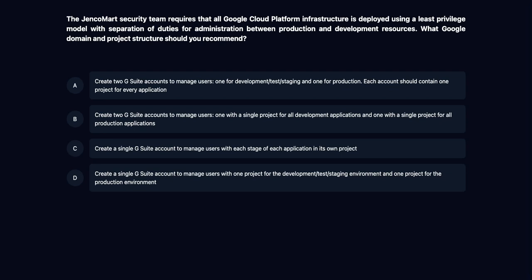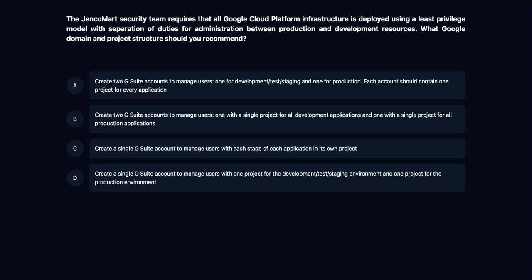Option A. Create 2 G Suite accounts to manage users. One for development/test, staging, and one for production. Each account should contain one project for every application. Option B. Create 2 G Suite accounts to manage users, one with a single project for all development applications, and one with a single project for all production applications.